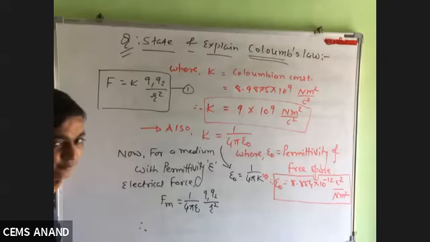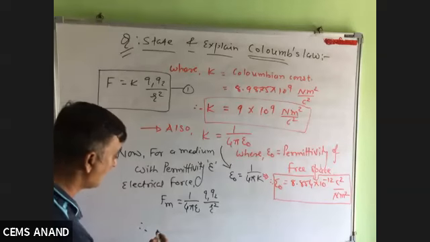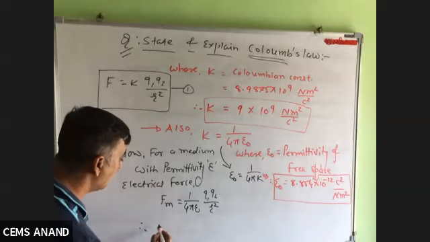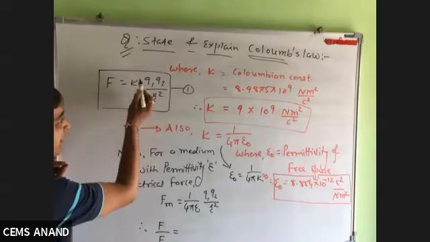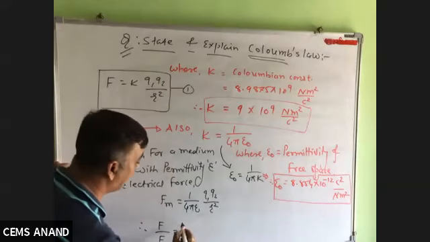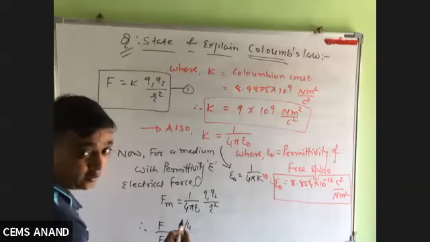That's why F by Fm equals what we can write for this K in this formula, 1 upon 4 pi epsilon.